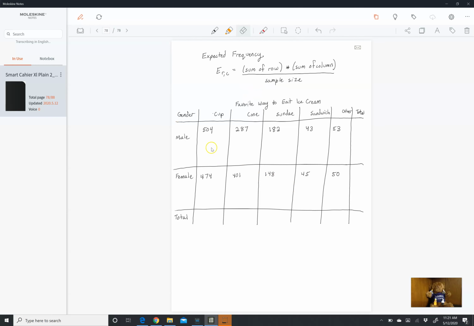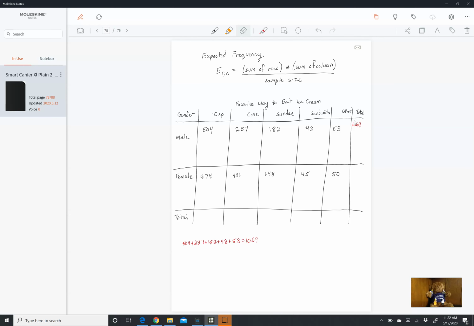So the total here is we just add all of these numbers across. So 504 plus 287 plus 182 plus 43 plus 53 is 1,069. Okay, so that was our first total. This is how we're getting these numbers on the end.